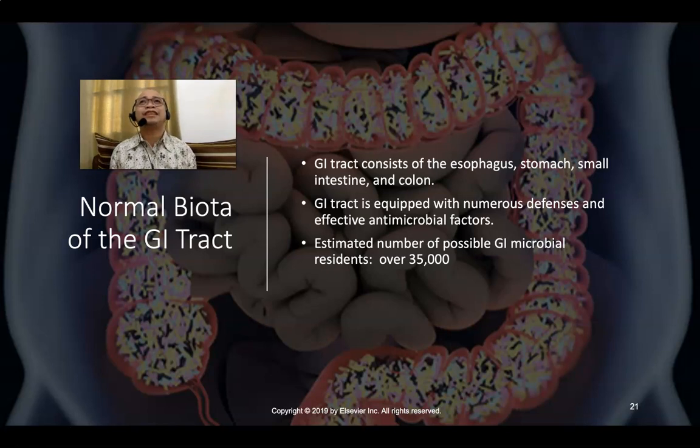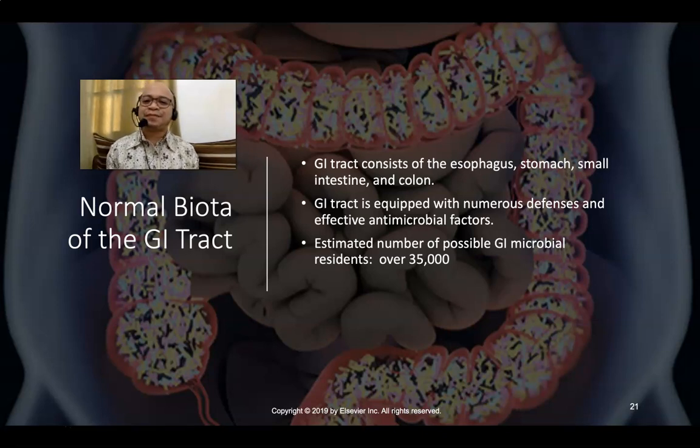So we actually call it the gut-associated lymphoid tissue. And aside from that, we also have several effective antimicrobial factors. Do you know that some microorganisms such as E. coli can produce bacteriocins, and bacteriocins can actually prevent pathogenic microorganisms from invading our gastrointestinal tract?